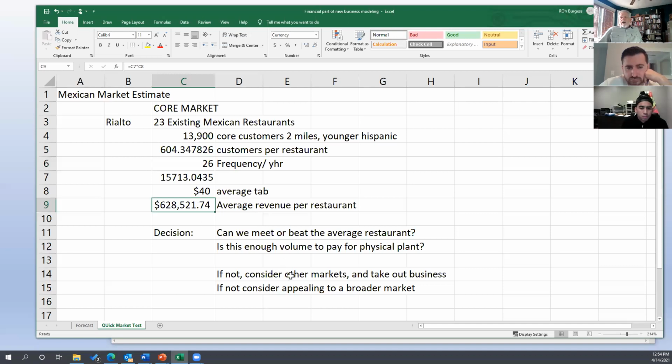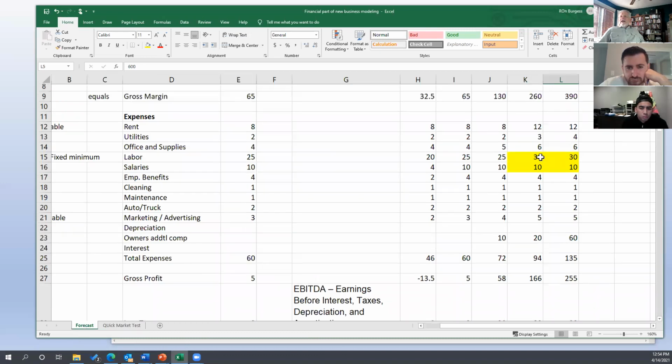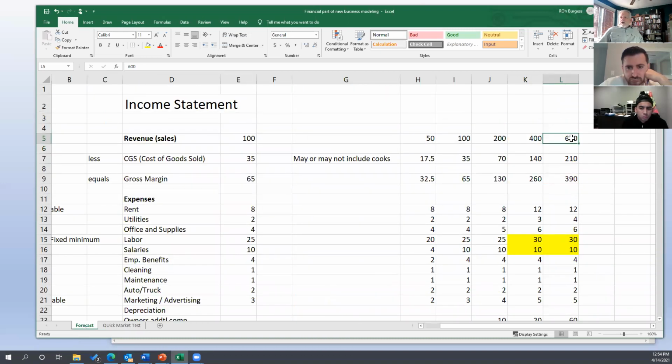Well, interestingly enough, and strictly just by happenstance, that happens to be a market that's over here on our pretty good spot. Now, I would also go through and I would count up how many tables there are, how many 2 tops, how many 4 tops, how many 6 tops, and try and estimate the number of tables you can get and the number of turns you're going to get for breakfast, lunch, dinner, how much you're open, so that you could make sure that you've got a capacity to be able to handle this many customers.